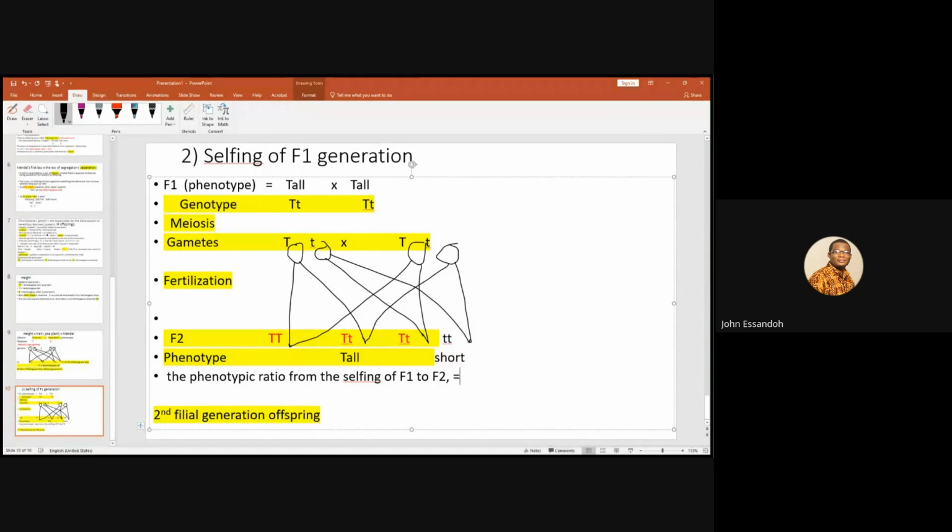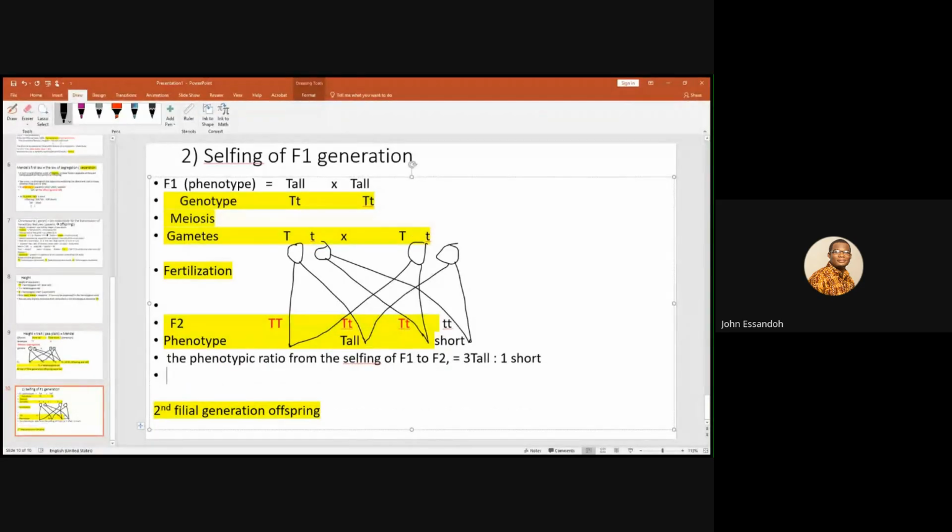The ratio of the F2 offspring is equal to what? 3 tall is to 1 short. That will give you 3 is to 1. You get it. And that is what Mendel saw.